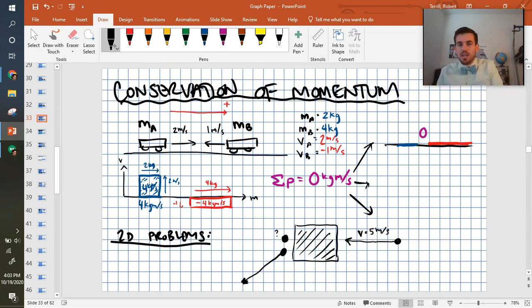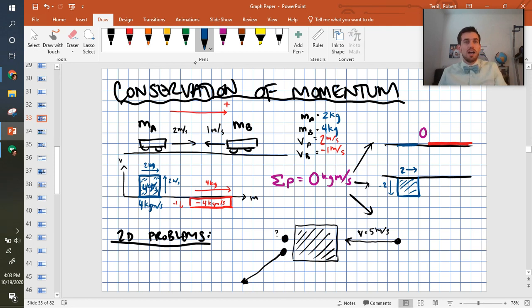The next option, the next thing that could happen, is that maybe mass A bounces off and starts heading the other direction. So it could go something like this. It just bounces right off. Now it's still 2 mass units, but now it's going the opposite direction, so -2 velocity units.